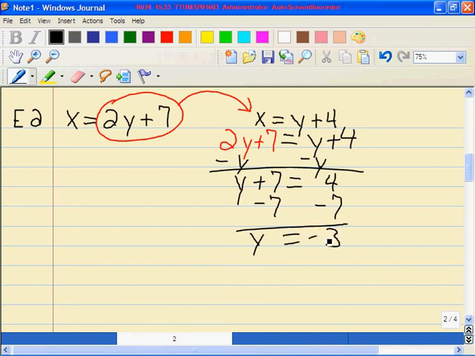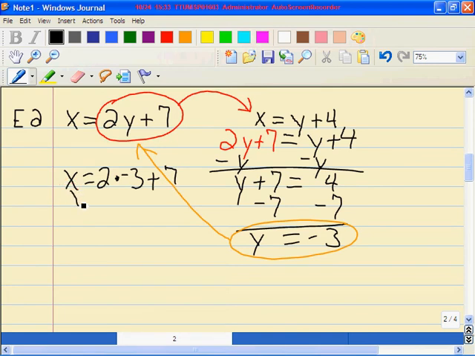Now that I've solved for y, I'll take that y equals negative 3 and I can plug it in either equation to solve for x. So let's plug it into x is equal to 2y plus 7. And we'll get x is equal to 2 times negative 3 plus 7, which is x is equal to negative 6 plus 7.